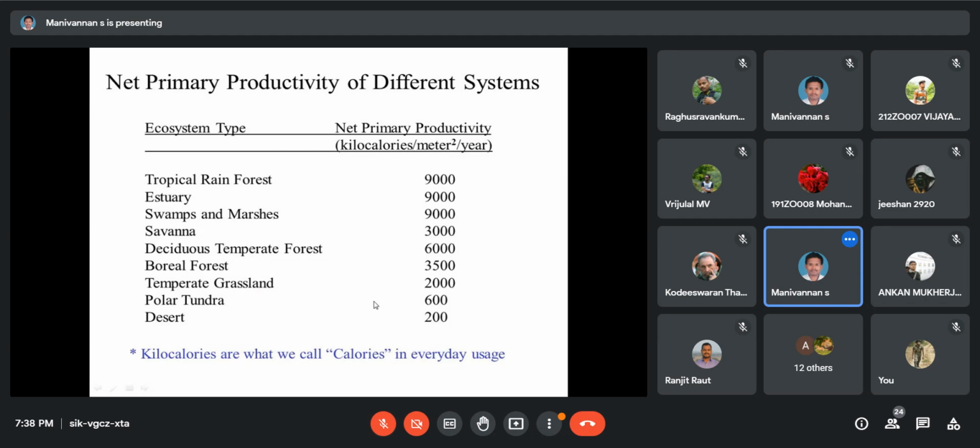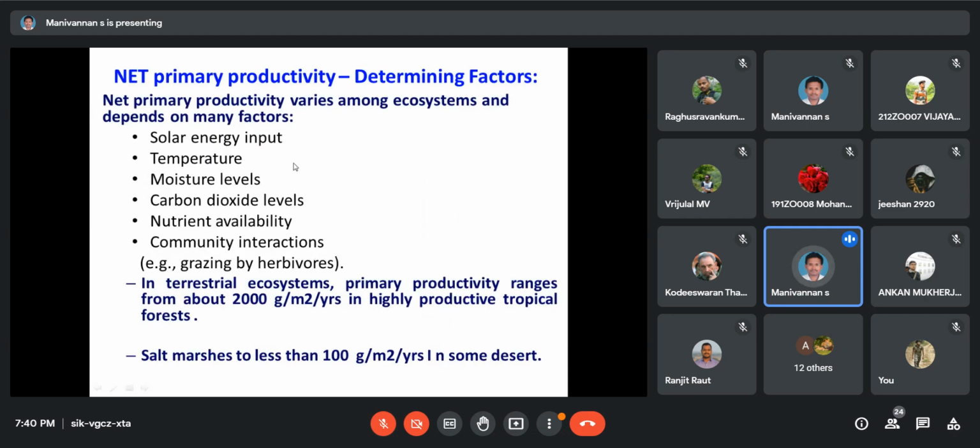Next one: what are the factors determining the net primary productivity? The net primary productivity varies from ecosystem to ecosystem. This is the first slide. The forest ecosystem has more net productivity than the desert and tundra.